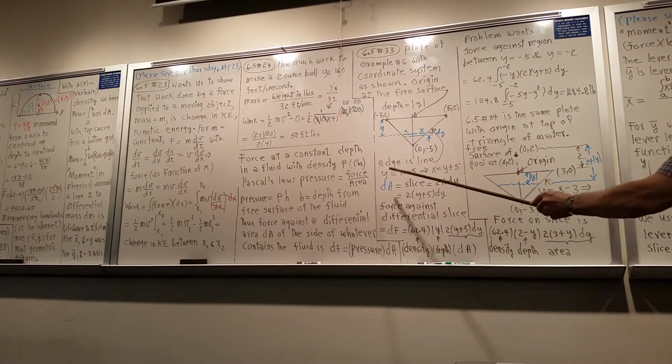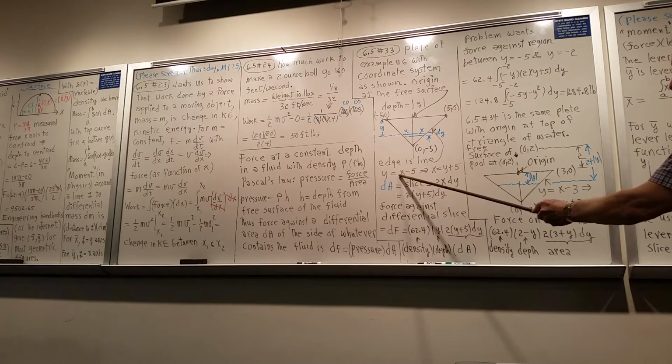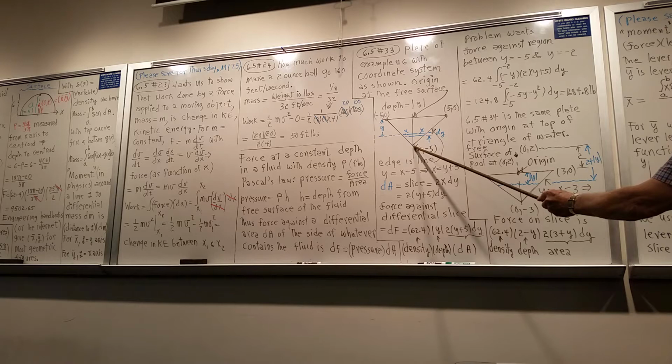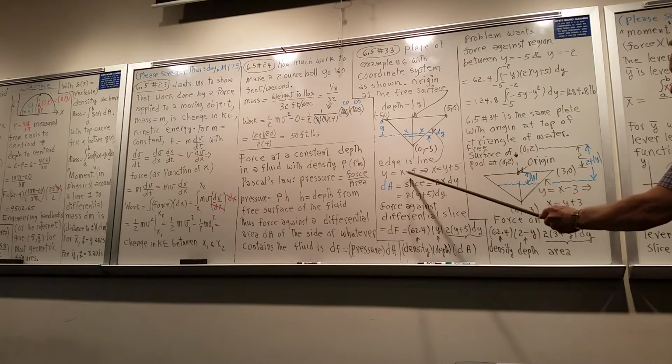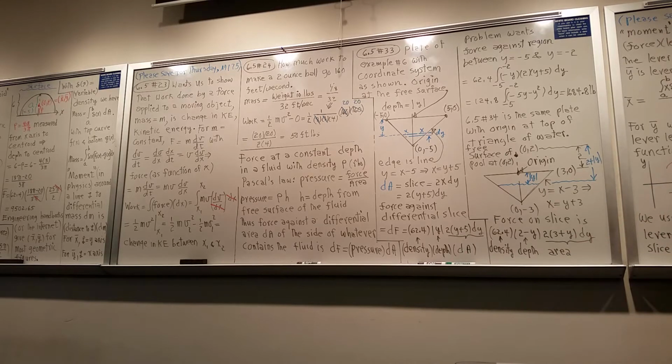So your slope is 1, and your equation is y equals slope times x plus the y-intercept, which is at minus 5, if your origin's there.